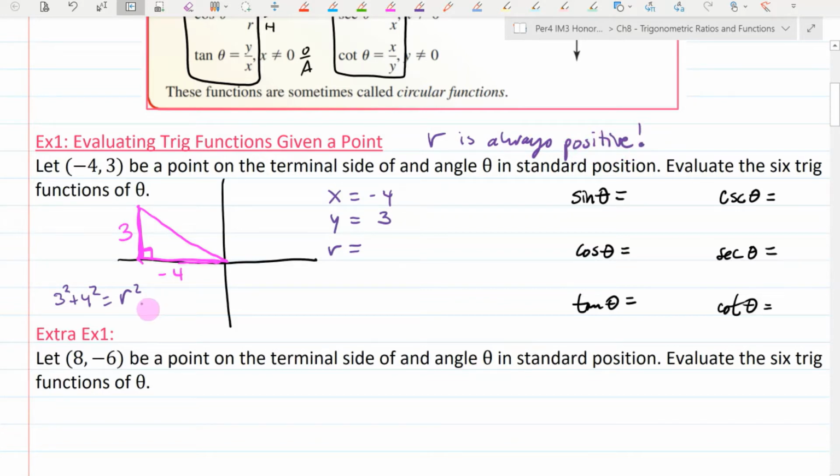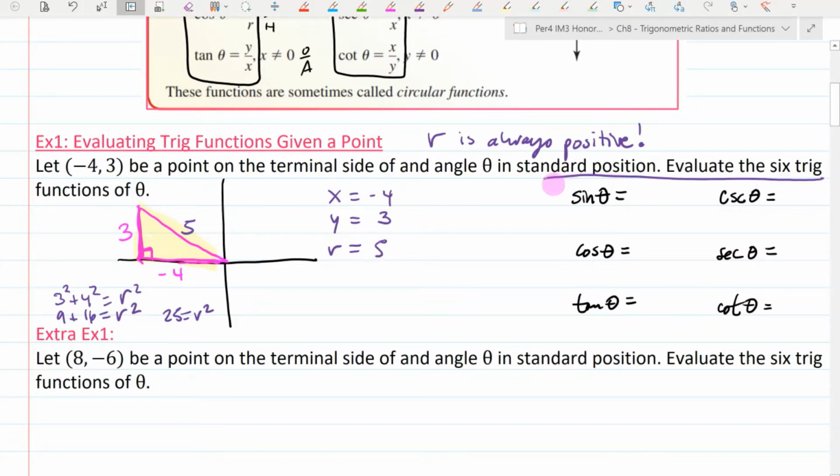Always. Okay? So if you work this out, 9 plus 16 equals r squared, 25 equals r squared, so r is 5. The 3, 4, 5 is the most common right triangle, so if you knew that before doing any of the work, then that's fine.